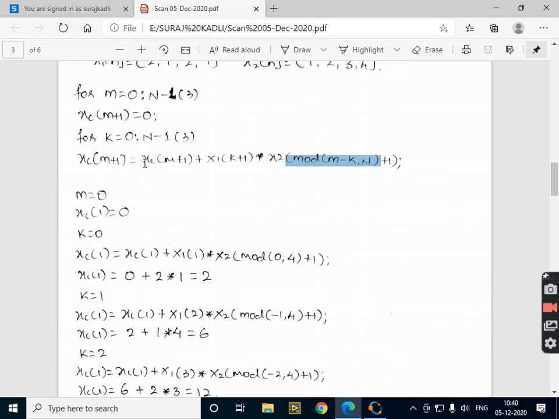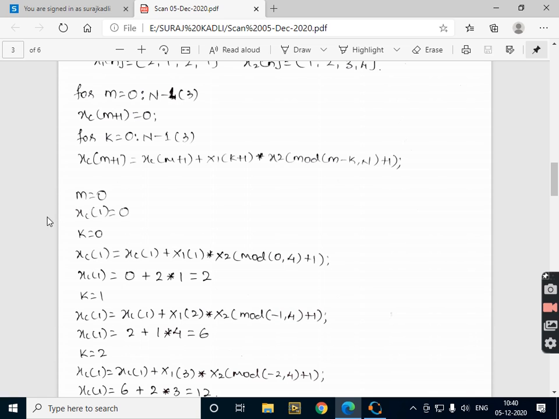For k equals 0, the next line will execute, that is m is 0, xc of 1 equals xc of 1 plus x1 of k plus 1. K is 0 for this iteration, 0 plus 1 will be 1. X2 of mod of m minus k. M is also 0, k is also 0, so 0 comma capital N. Capital N is 4, plus 1.